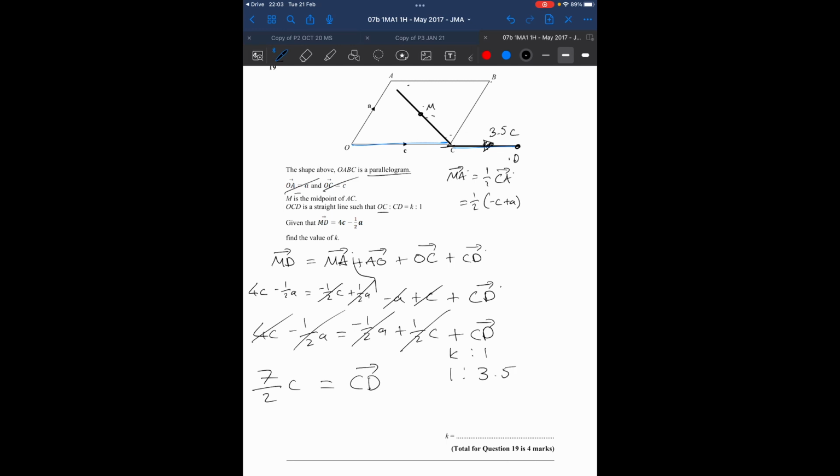In this case, it wants the 1 on the right, so I need to divide both sides by 3.5. So 1 over 3.5 to 1 is the ratio. In other words, it's trying to tell me that the bit on the left is a lot shorter than the bit on the right. So the final answer you can leave as 1 over 3.5.